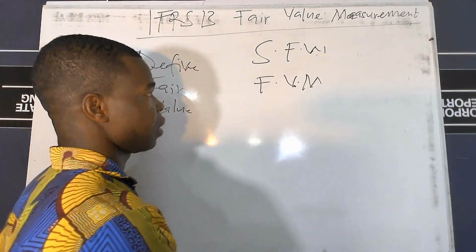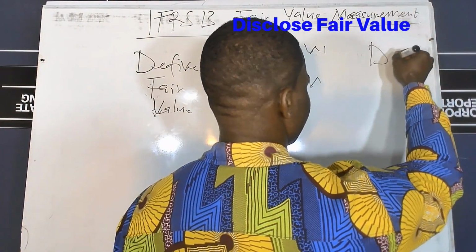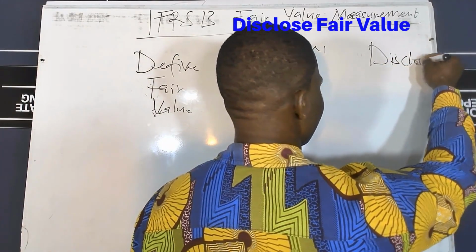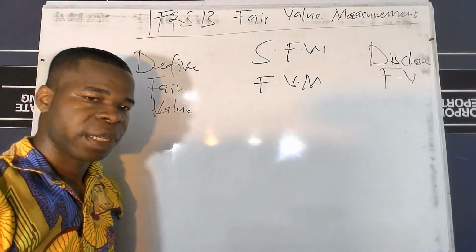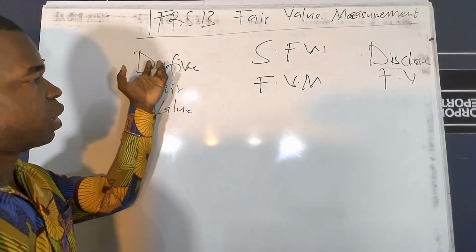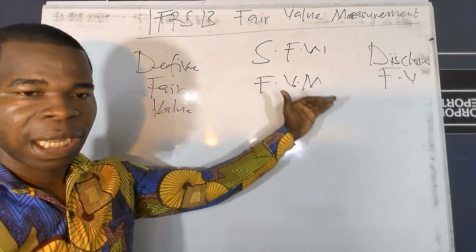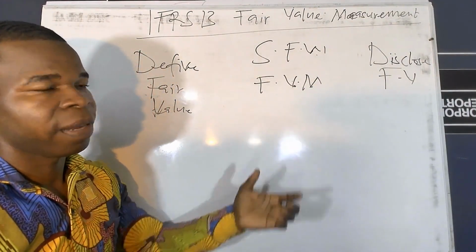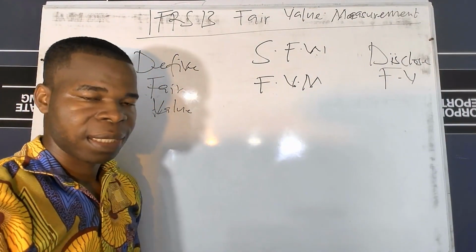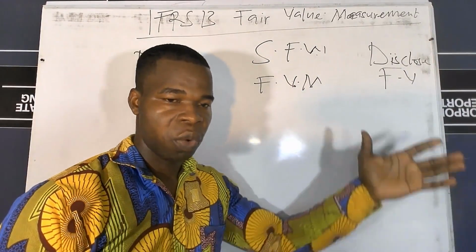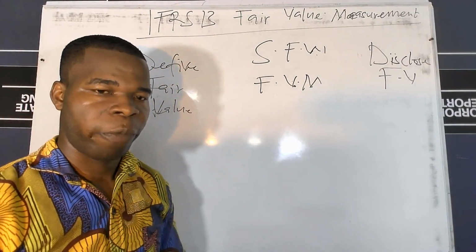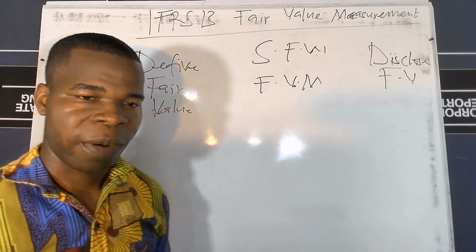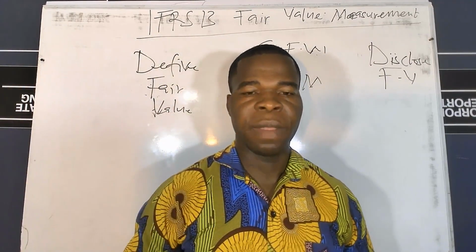And then the last is to disclose fair value. So the main purpose is to define what fair value is, then set out the framework, how we get the fair value measurement of a particular asset or liability, and also the disclosure requirements of IFRS 13. So we'll take them one after the other and look at what goes into each of them.